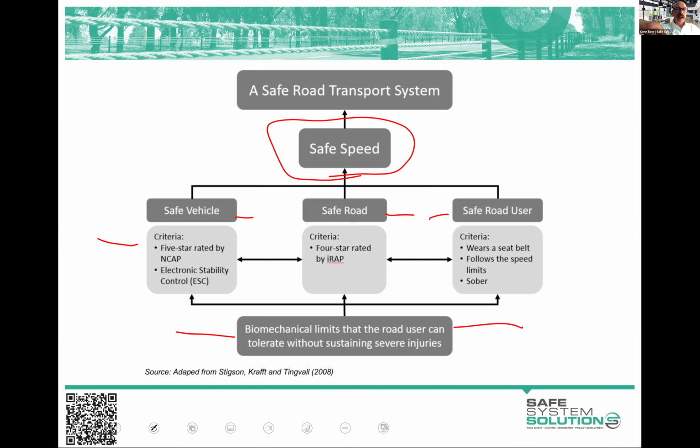Speed is the regulator. That's it. So, if you're deficient on your vehicles, or you're deficient on your roads, or you're deficient on your people, usually, but in different scenarios, as long as we're filtering through the appropriate speed, we are okay. We have a safe system.